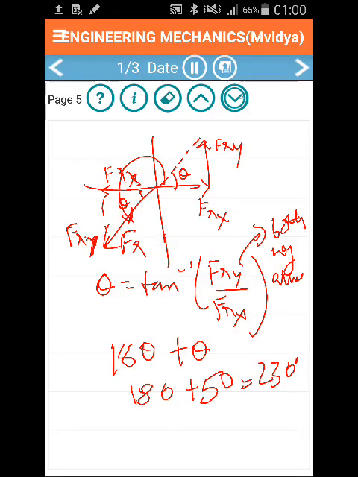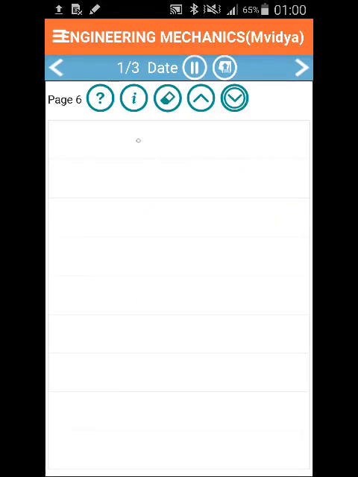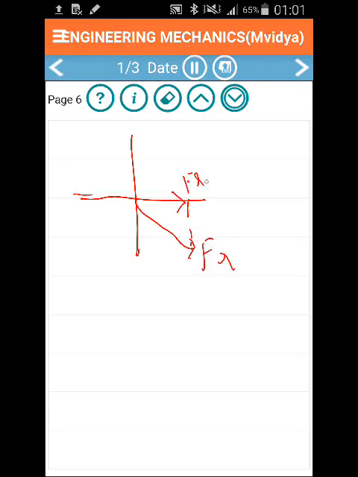And in the fourth quadrant we will get my x component positive, but my y component negative. It is along the negative y axis.